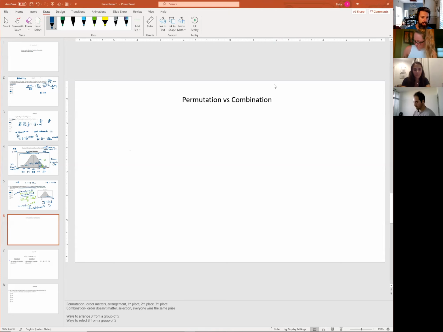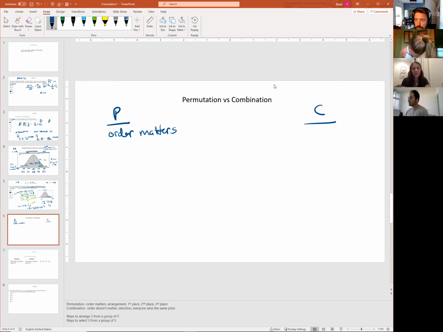So permutation, break it up this way. For permutation, order matters. So let's say that we have a set of, well, we'll talk about prizes here.